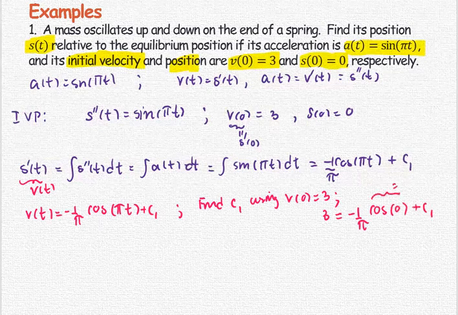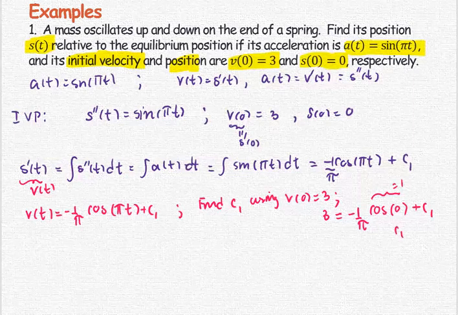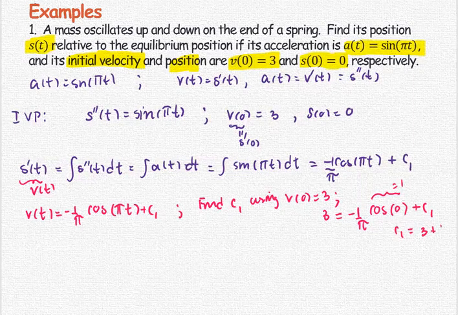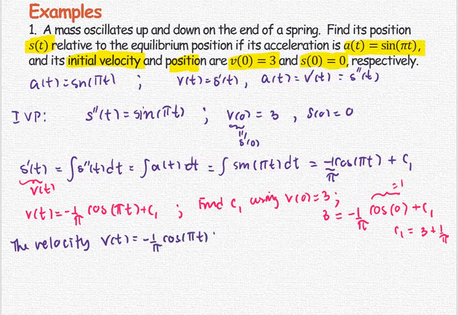Cosine of 0 equals 1. Therefore, c1 is 3 plus 1 over pi. Now we get the velocity function, which is s' or v(t), equals negative 1 over pi multiplied by cosine pi t plus 3 plus 1 over pi.